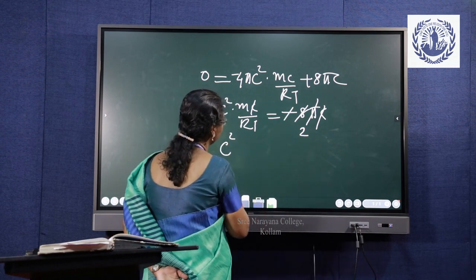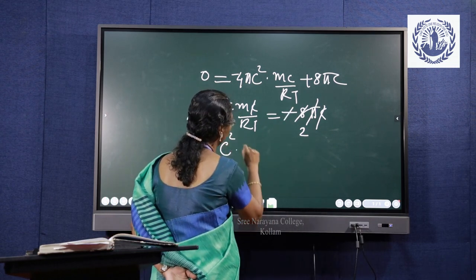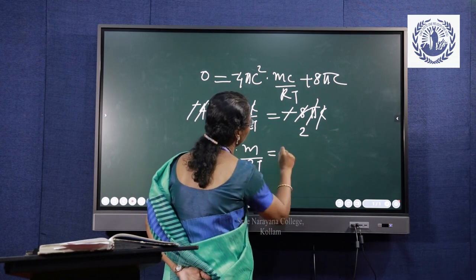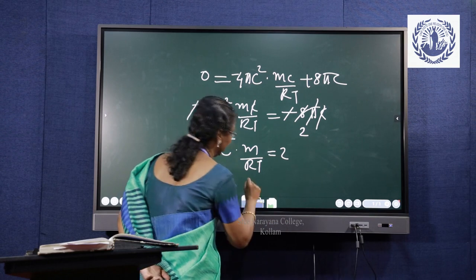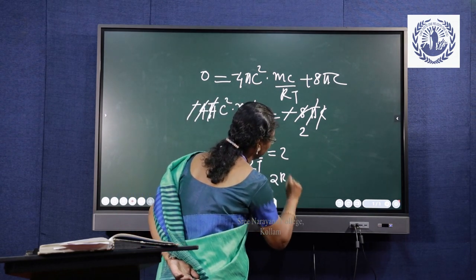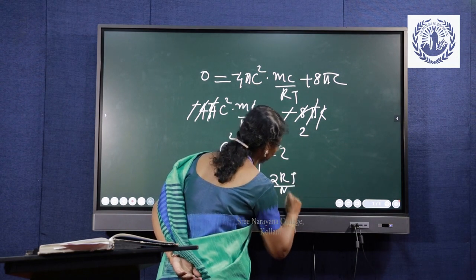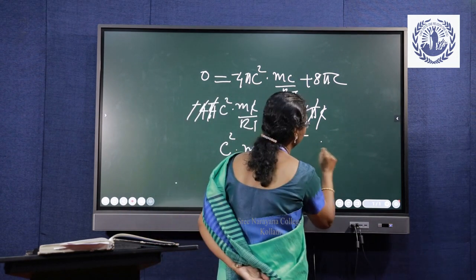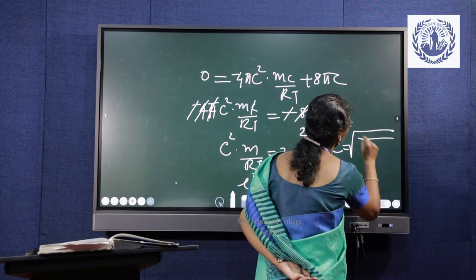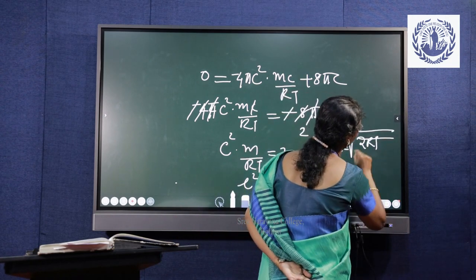So we get c square into m by RT is equal to 2. That is, c square is equal to 2 RT by m.